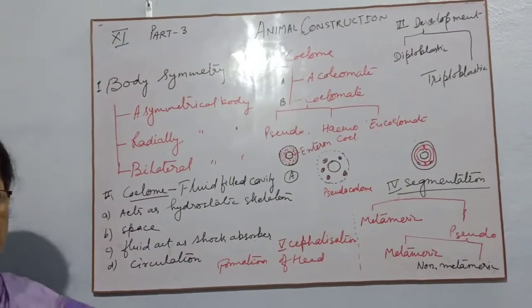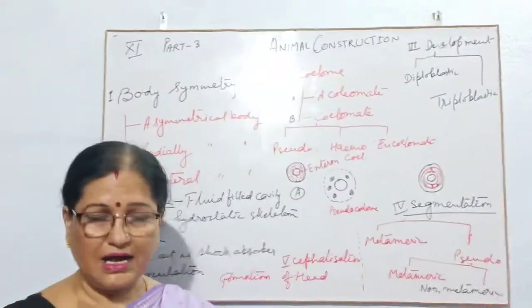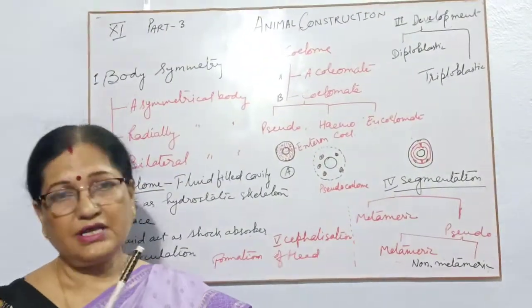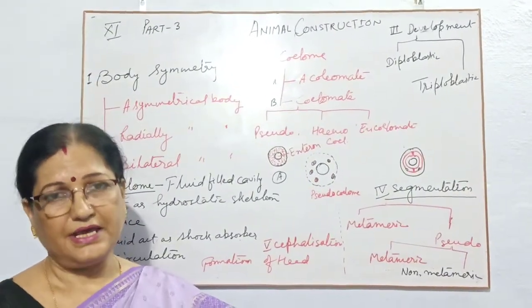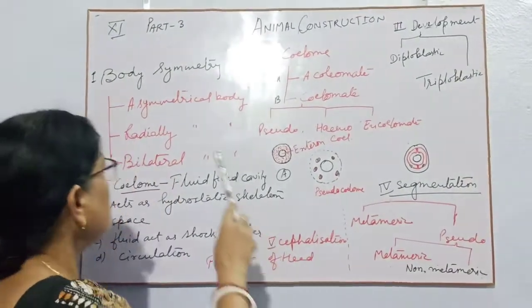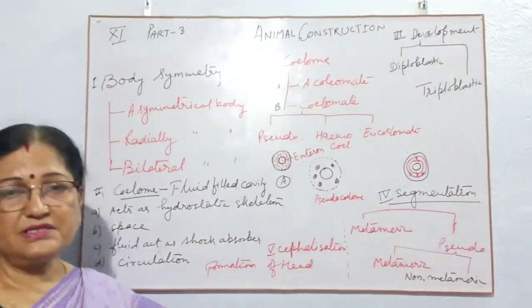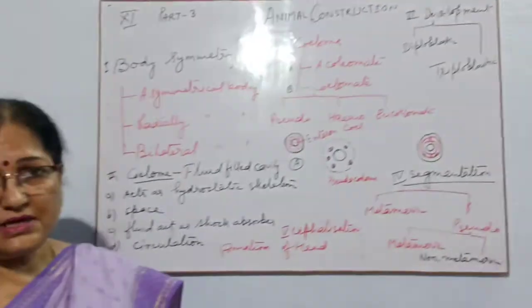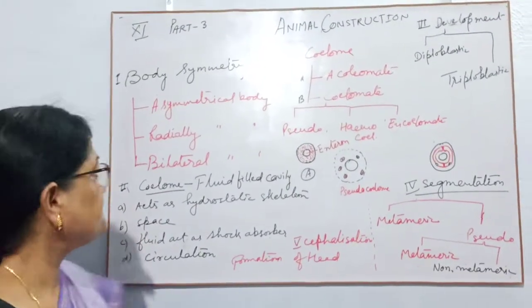It means that the body cannot be divided into two equal halves by any plane. So the body has asymmetrical symmetry. That means the body cannot be cut, for example, amoeba.